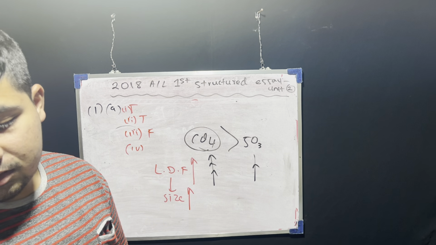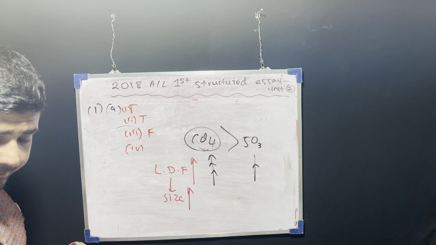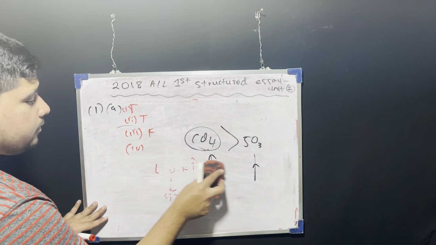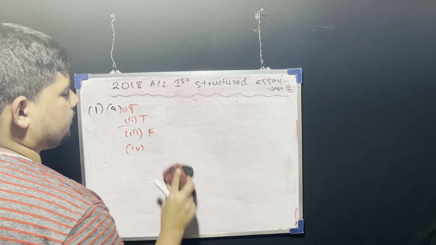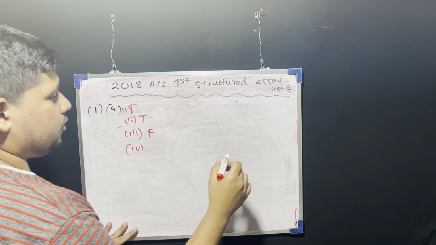The shape of the HSO4 minus ion is a trigonal bipyramid. Let us see it. HSO4 minus ion, right? You know how to draw the Lewis structure now? I'll just draw it.